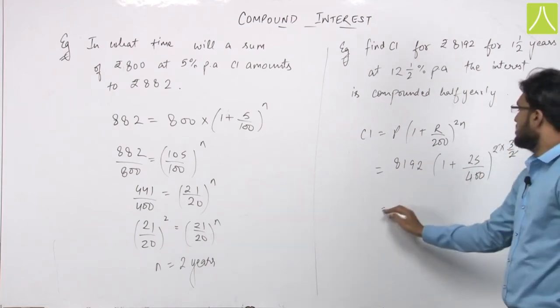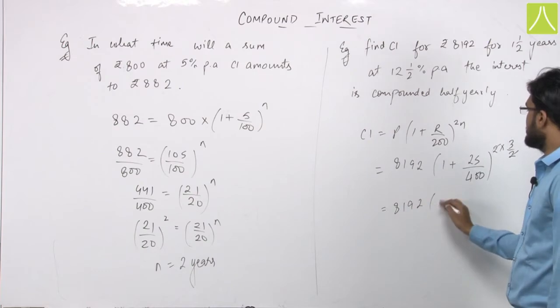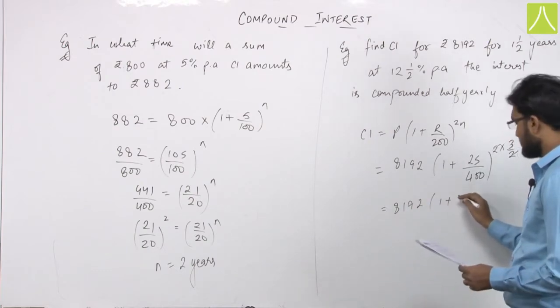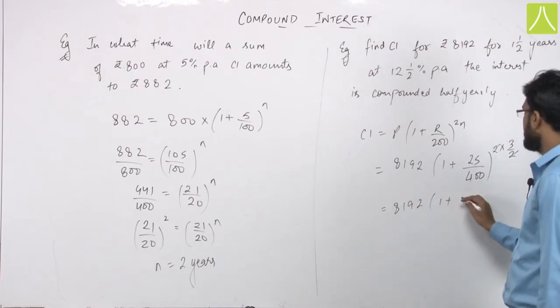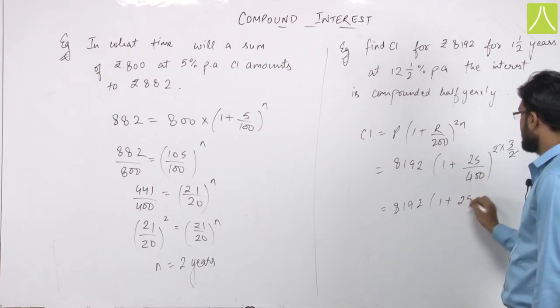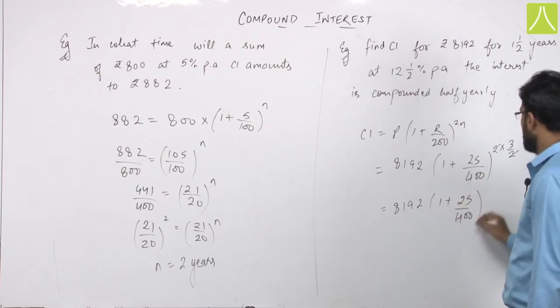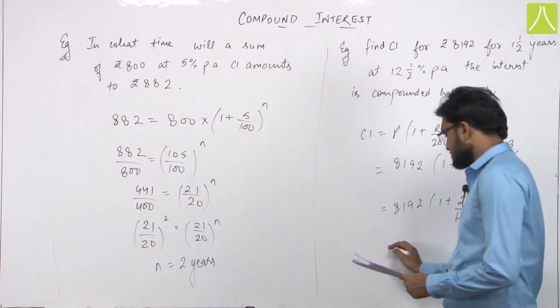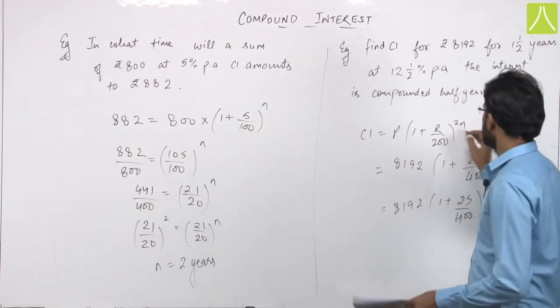This will become 8192 into 1 plus 25 divided by 400 whole power 3. Solving this equation, we have to calculate the compound interest also.